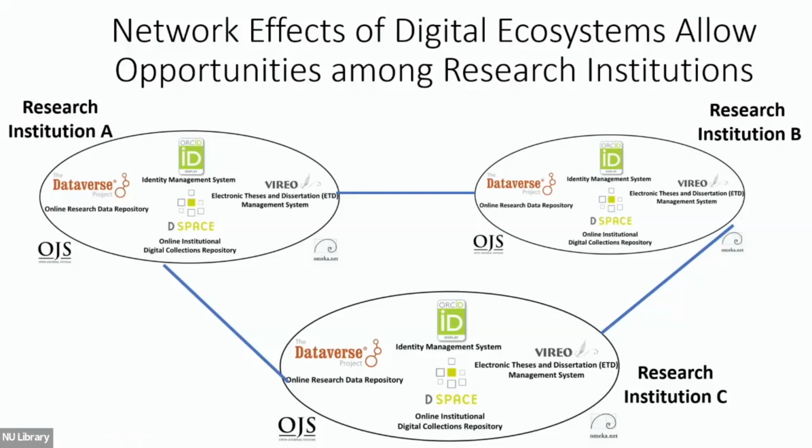But if your institution communicates with another institution that also has these 6 components, and there's interactivity between them, or you've got a shared system, the effects are multiplied. And that's going to be very, very important. And it's the background of why you want to do these kind of systems.